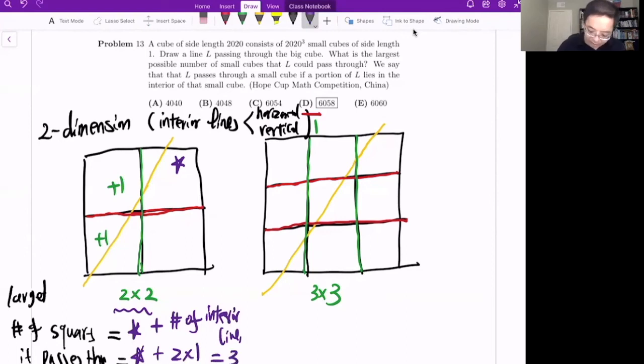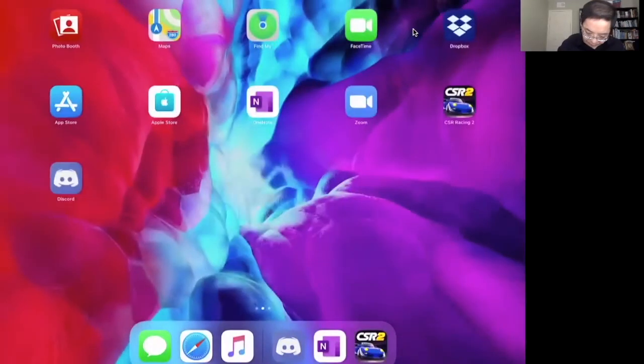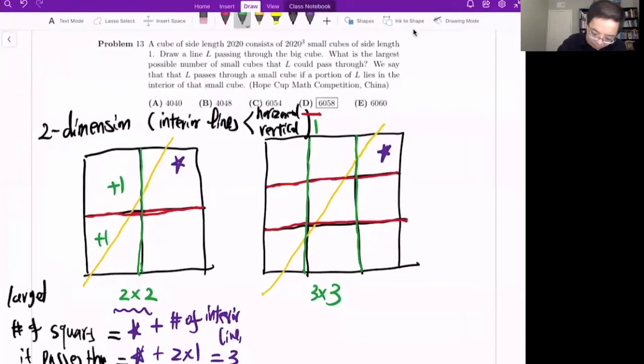This one is similar. You start from the special one, which is the starting point, and then every time the line passes through an interior line, it will add one more, right? So we add one more, and then one more, and one more, and one more. Add 4, exactly the number of interior lines.